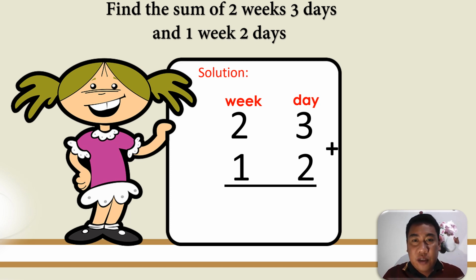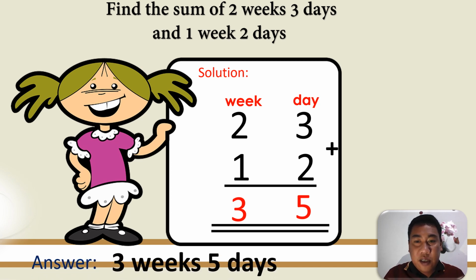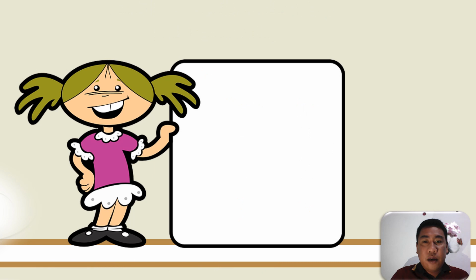First we are going to add the day. 3 plus 2 equals 5. Next we are going to add the week. 2 plus 1 equals 3. For our final answer, we have 3 weeks, 5 days.